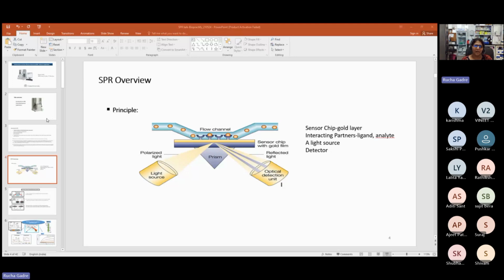As the light is incident, there is an excitation of a surface plasmon resulting in a dark line in the reflected beam, and the angular position of the dark line shifts as the molecular binding event happens. This angular shift versus time will give you the binding data.